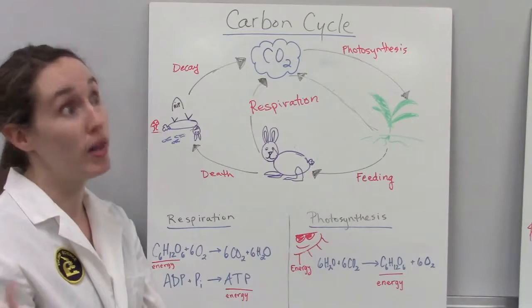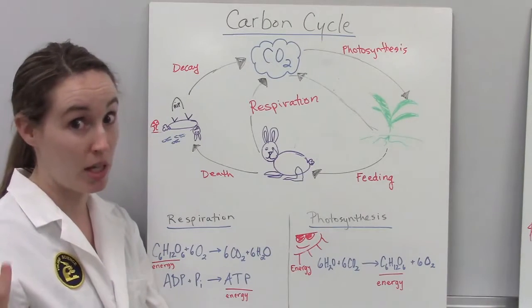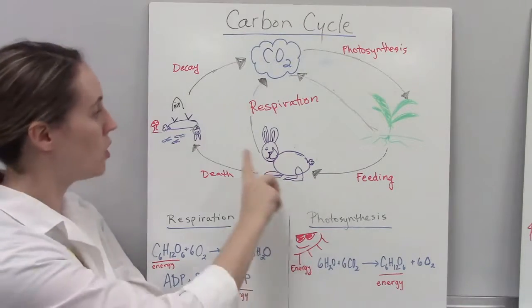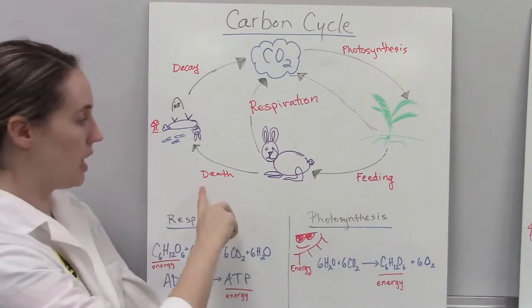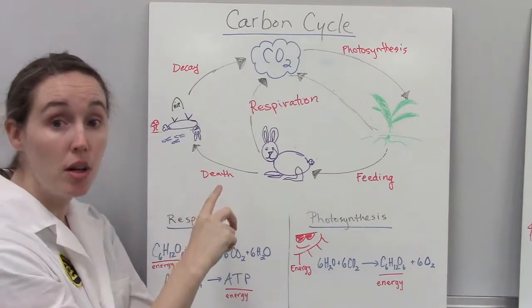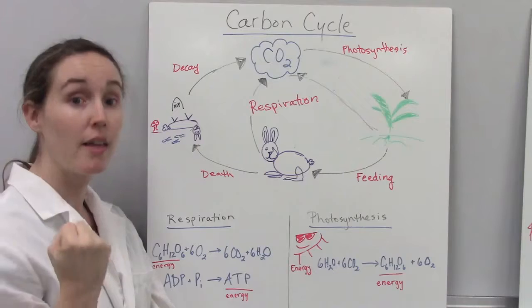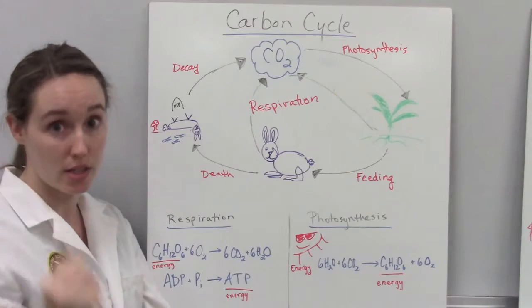Now, one thing that happens if we run out of ATP and we don't have any glucose is death. So, all living things die, and once they do, decomposition begins. We've got detritivores that will eat some of this dead stuff.